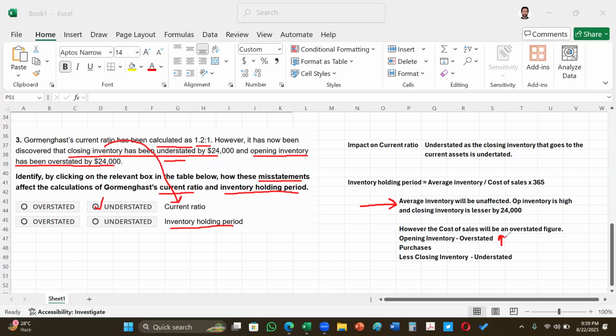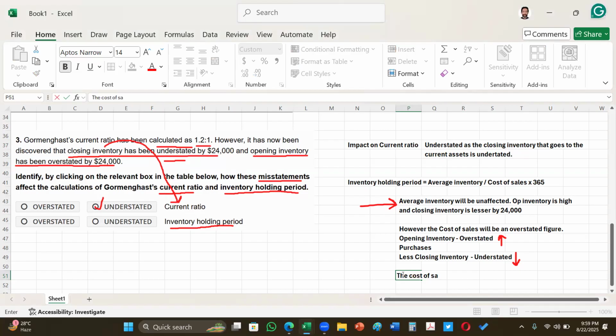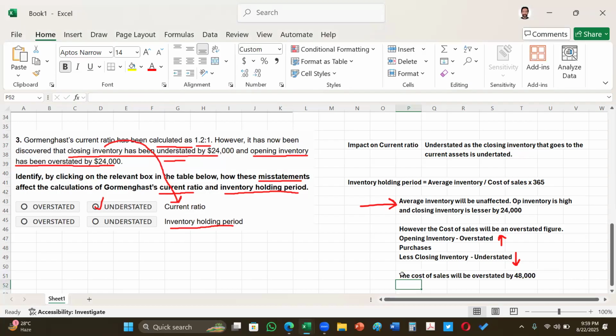An overstated opening inventory would lead to a higher cost of sales, and an understated closing inventory would further increase the cost of sales. So we could say that the cost of sales will be overstated by 48,000. Is it clear? Yes. That's the issue. Okay.